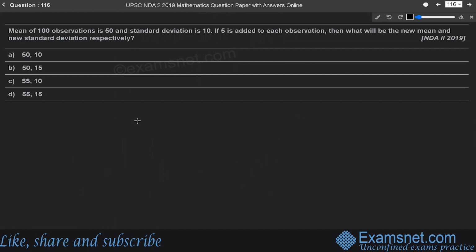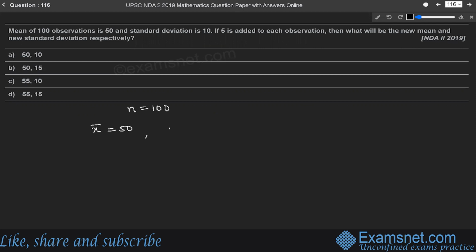Next question is, mean of 100 observations is 50 and standard deviation is 10. If 5 is added to each observation, then what will be the new mean and new standard deviation respectively? So it is given that total there are 100 observations. So n is equal to 100 and x bar, which is mean, is equal to 50.